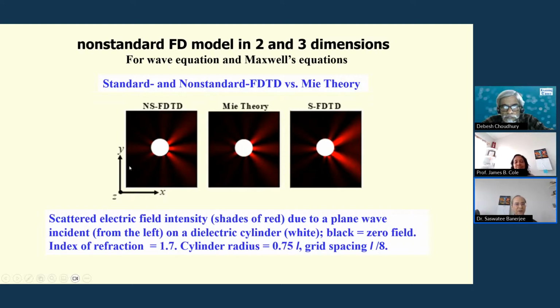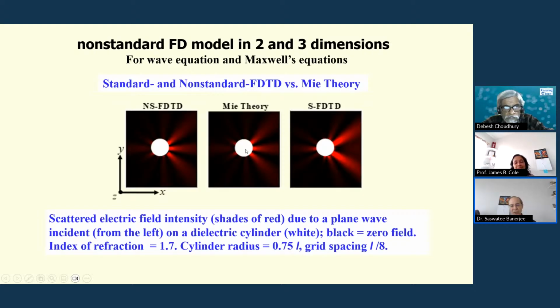An infinite plane wave of light comes in on an infinite cylindrical dielectric, which is white. The infinite plane wave comes in and scatters off the cylinder. We only show here not the incident field, but the scattered field.